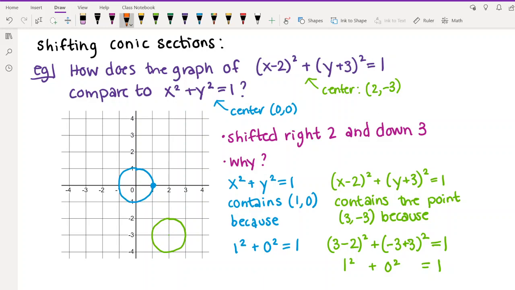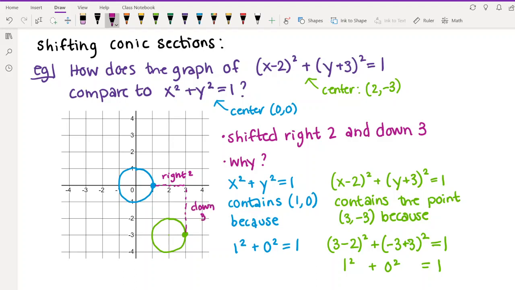And then if we want to get a 0 for this second part of the equation, the way that we did here, we would need to plug in, instead of 0 for y, -3 for y. And so if you compare these 2 points, the point 1, 0 and the point 3, negative 3, which you can see are corresponding points in the graph, between those 2 points we've shifted to the right by 2, and then we shifted down by 3.